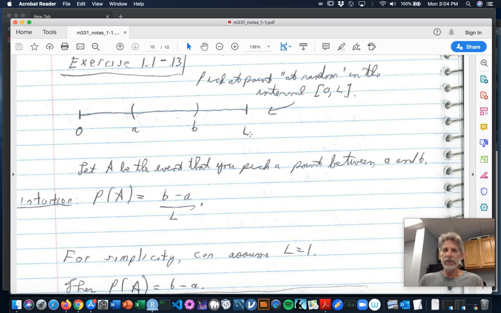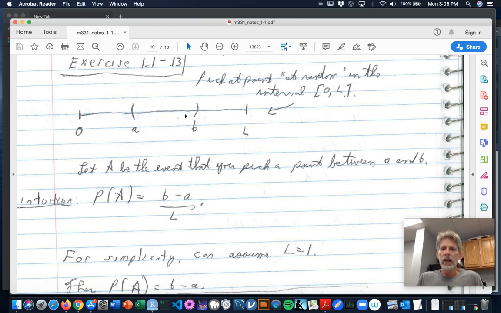And the events would be the subsets of that set of points. I'm interested in finding the probability for a subset that's just an interval of numbers. What would be the probability of picking a point between A and B?